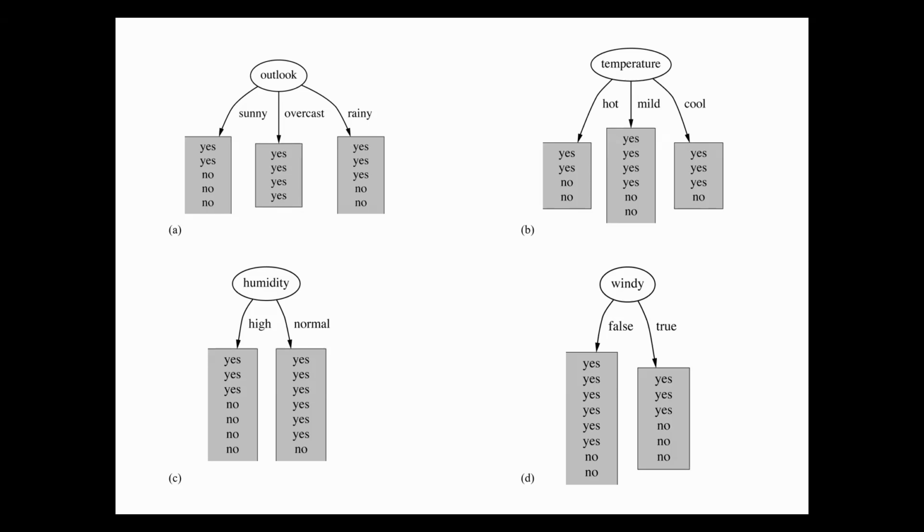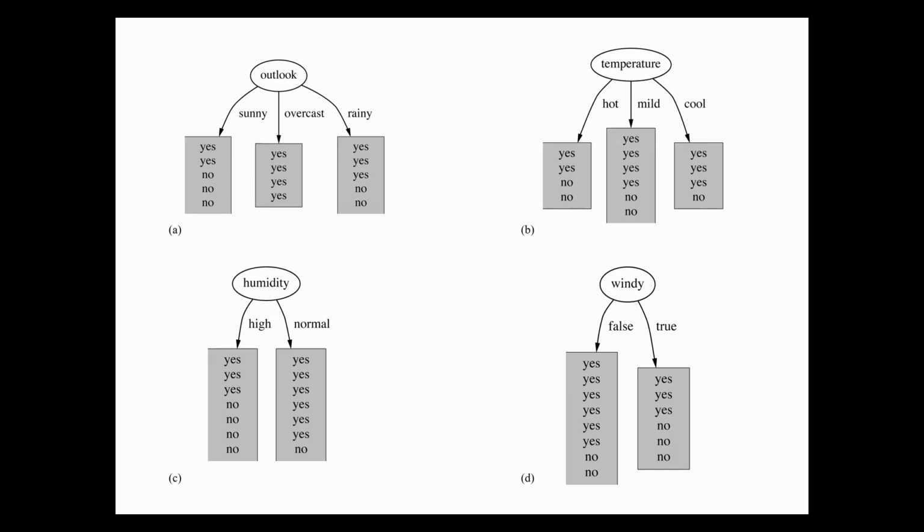In that aspect, we need to stop as soon as possible. So if you look at all the 4 attributes, only here we can see the same classification, which means we can finish up to this point. That is one advantage you will get.